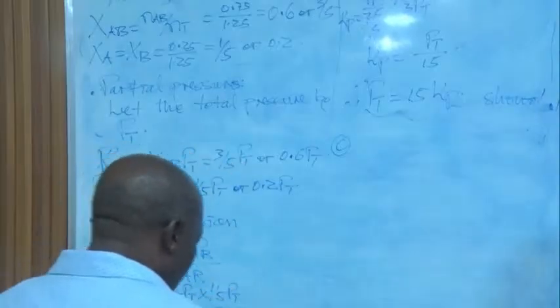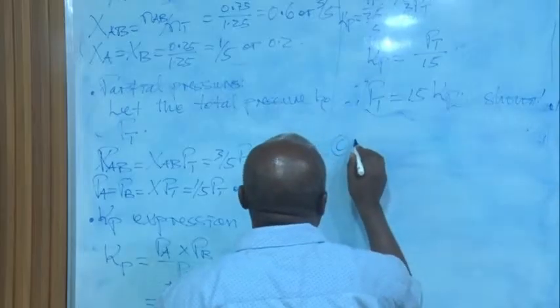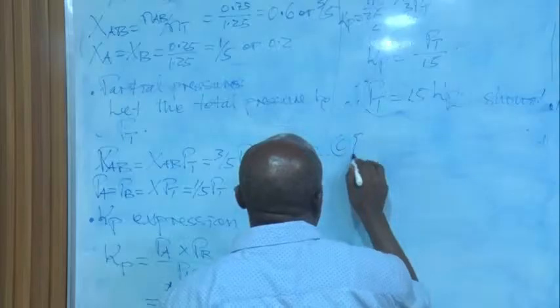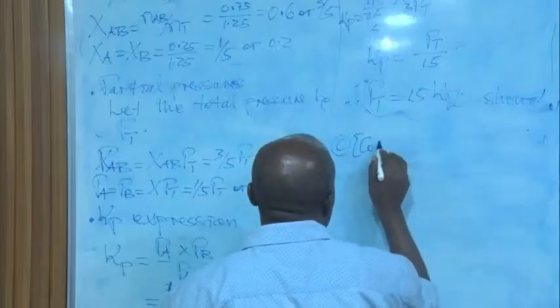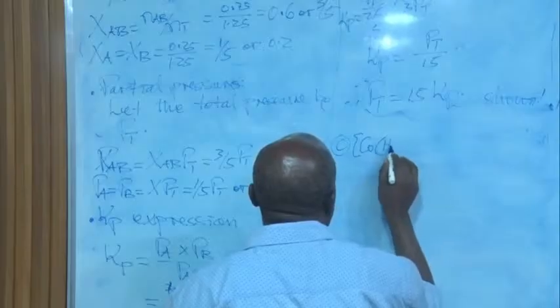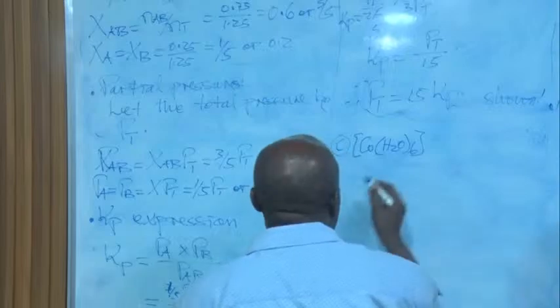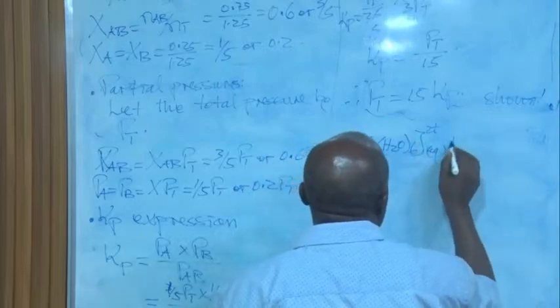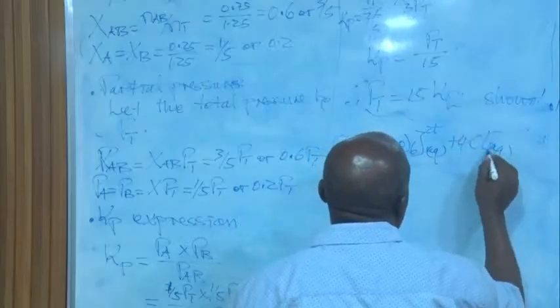So we have this equilibrium system. This is a complex, cobalt with 6 water molecules as ligands. The overall charge is 2 positive. Then plus 4 chloride ions from hydrochloric acid.